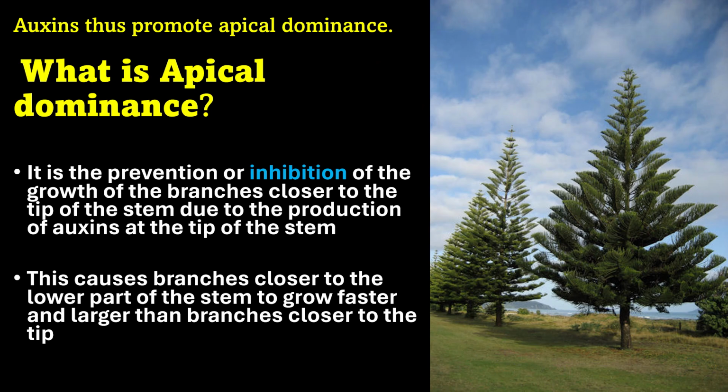Low auxin will cause the branches closer to the lower part of the stem to grow faster and larger than the branches closer to the tip. So the branches at the tip grow slower and smaller in size. But because of the high auxin level at the bottom, it causes the plant to grow faster.